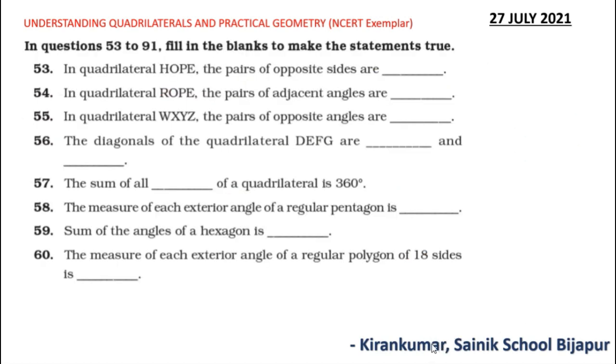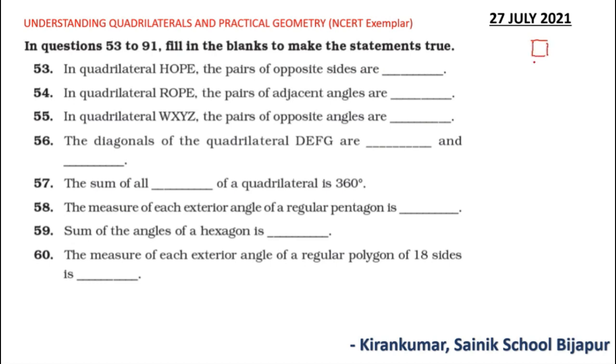Now are the questions which are related to fill in the blanks. Question number 53 to question number 91 are fill in the blank type. In quadrilateral HOPE, the pairs of opposite sides are? For that, a rough figure of the quadrilateral.